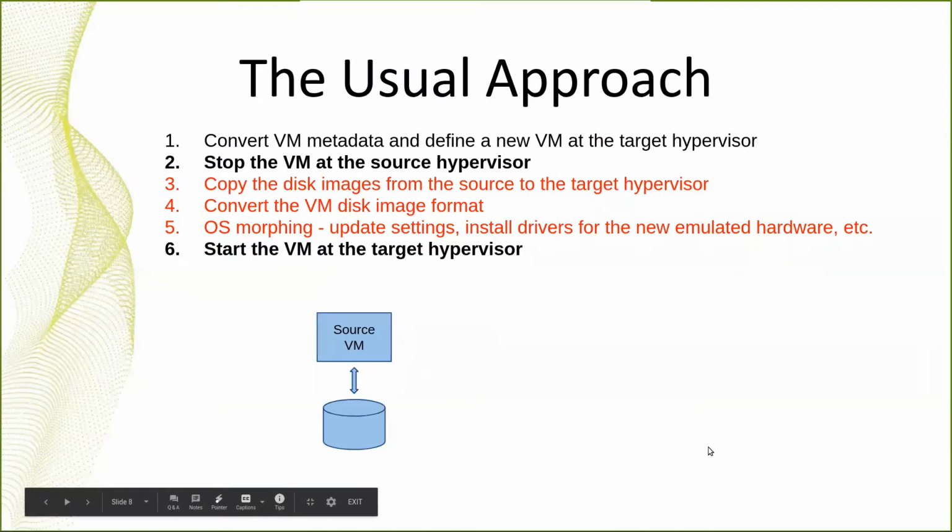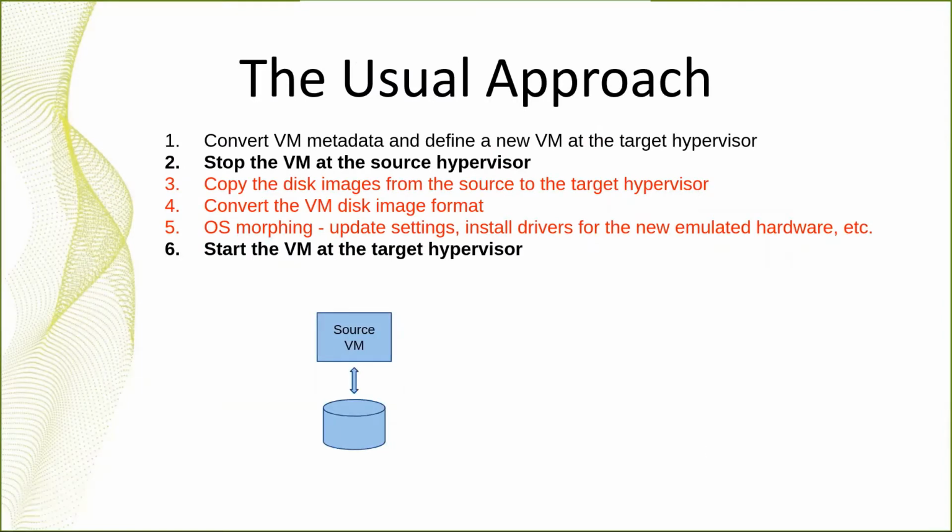So the usual approach when we need to migrate a virtual machine from one type of hypervisor to another might look like this. We start with the initial setup where we have a source virtual machine running in the source hypervisor on the source virtualization platform, and it is using its disk image.